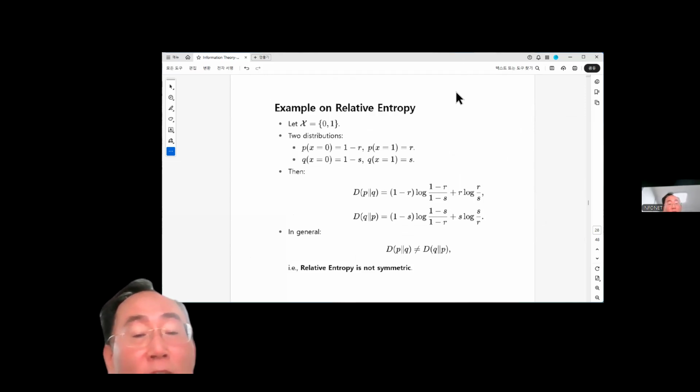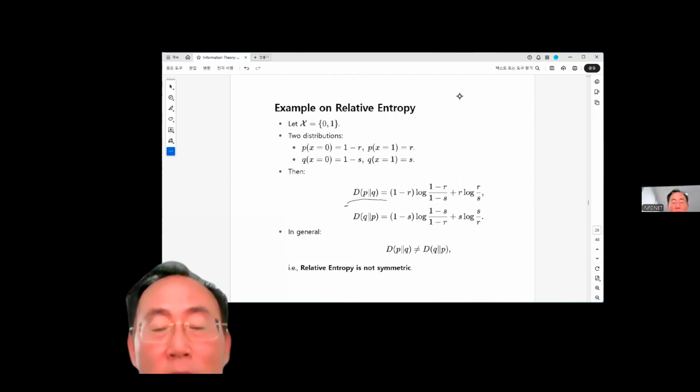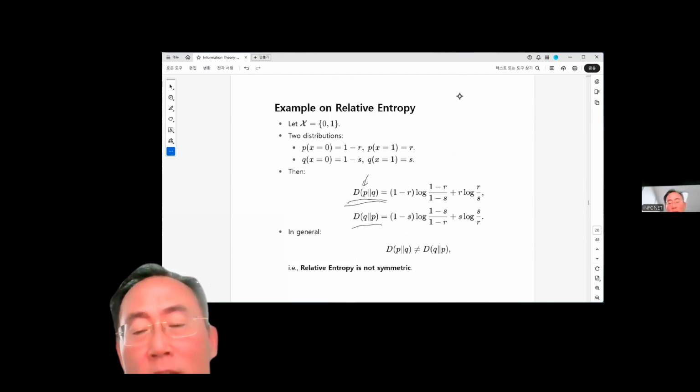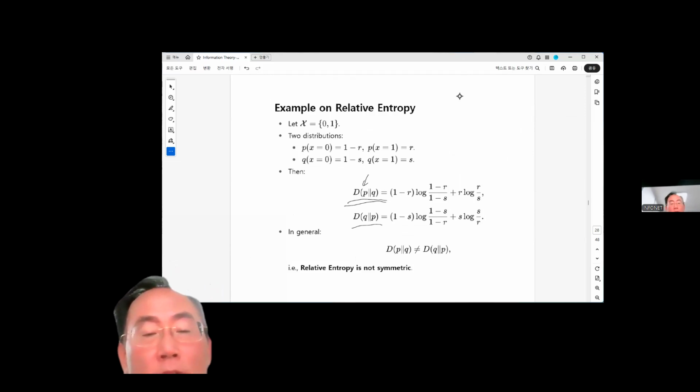And the rest of them are some sample calculations. Basically, relative entropy is non-symmetric. If you have P first, and if you have Q first, this calculation will lead to differences in general, right?